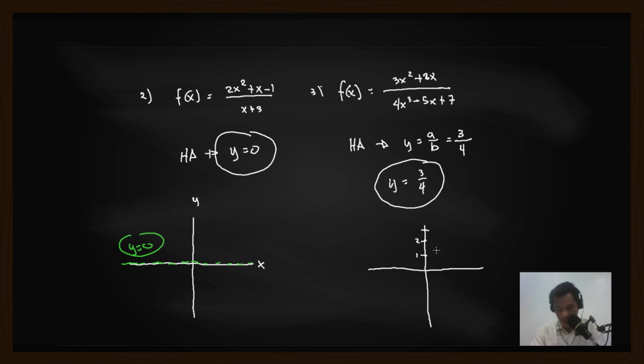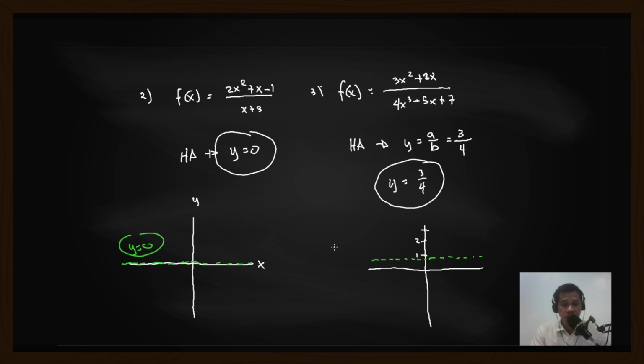Our horizontal asymptote is at approximately positive 0.75. So in problem number 2, our horizontal asymptote is along the x-axis, or y is equal to 0, and in problem number 3, our horizontal asymptote is at positive 3 over 4.